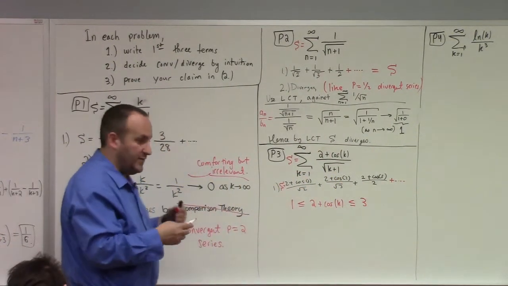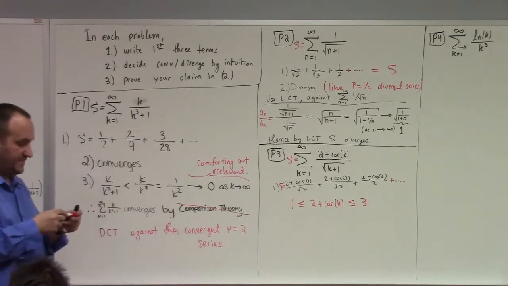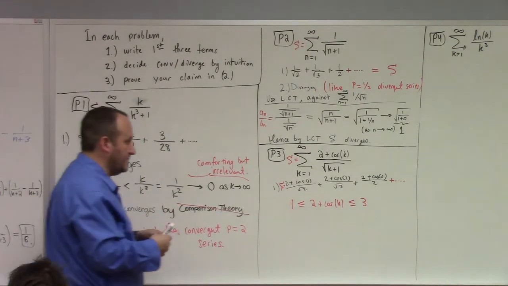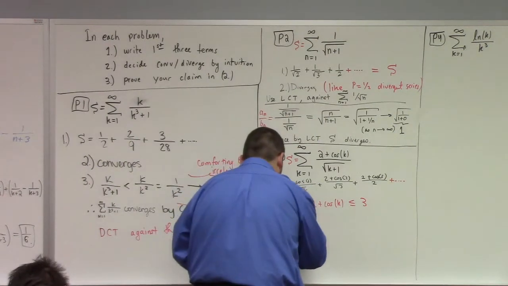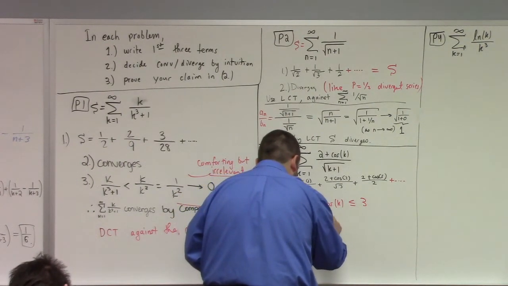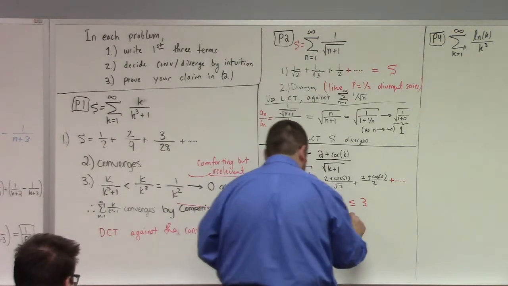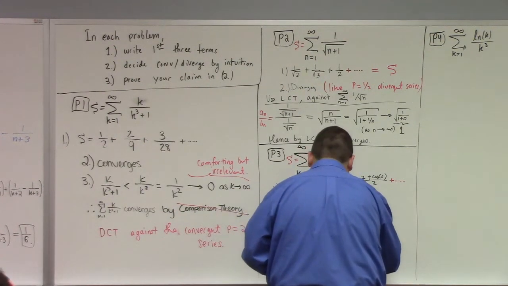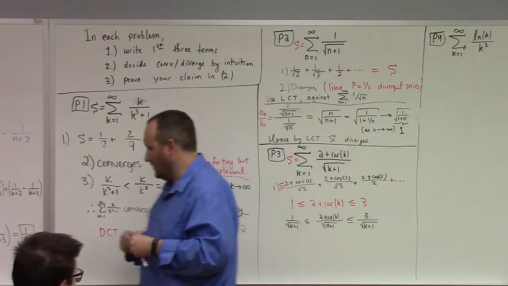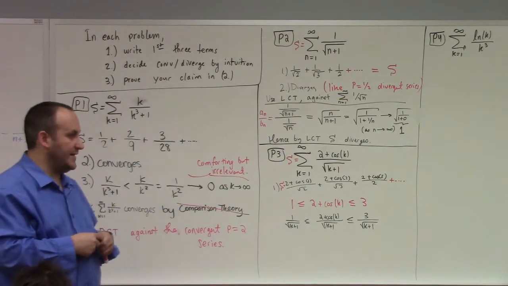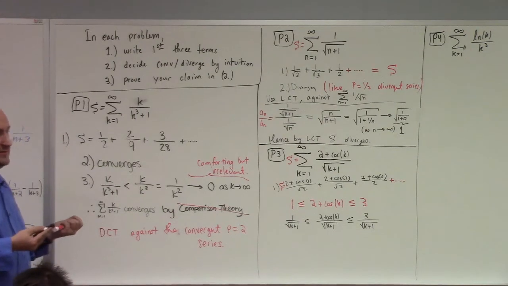And then, okay, great. Divide that inequality by the square root of k plus 1. So 1 over the square root of k plus 1 is less than or equal to 2 plus cosine k over the square root of k plus 1, which is less than or equal to 3 over the square root of k plus 1. Now, to critique my own writing, part of this doesn't matter.